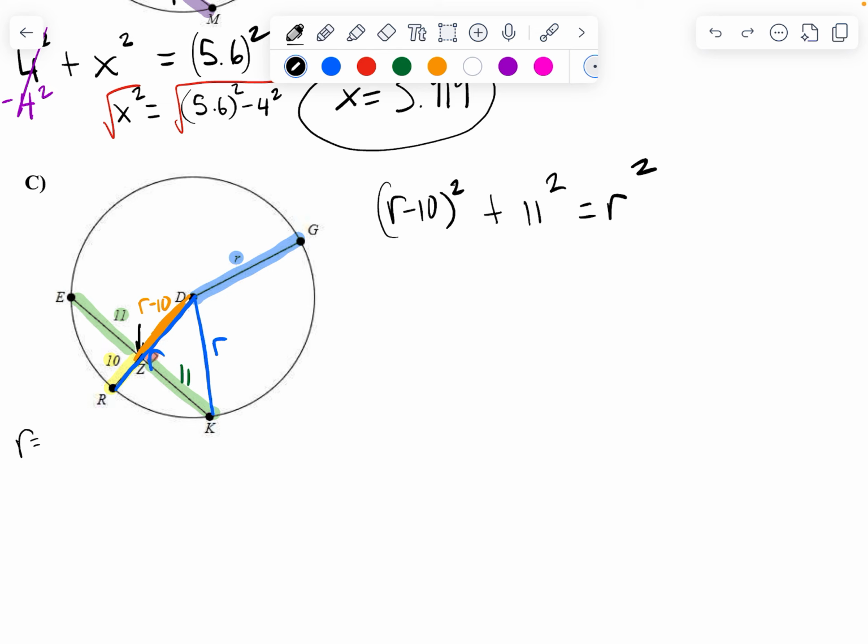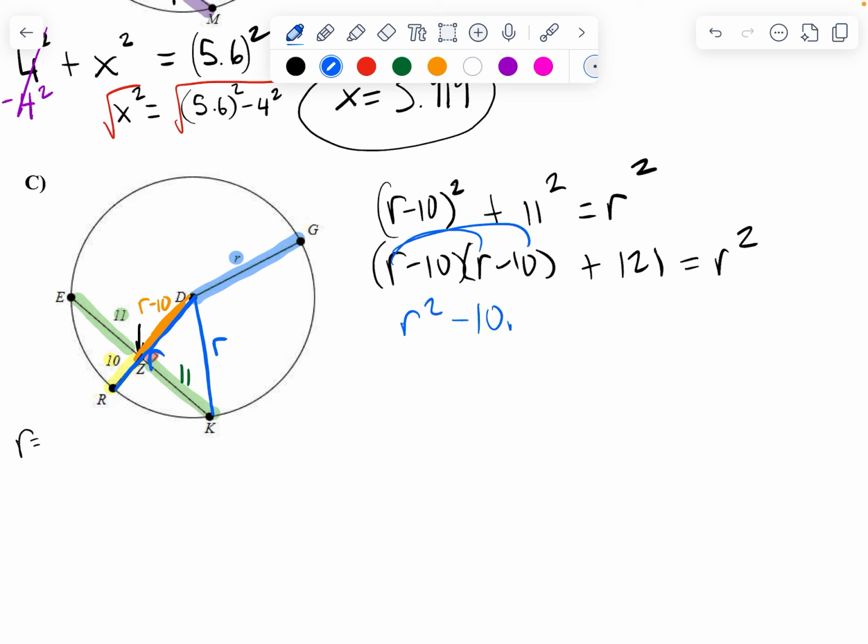So let's distribute these parentheses. I'm going to go a little quick. So we get R squared minus 10R minus 10R plus 100, plus the 121 equals R squared.